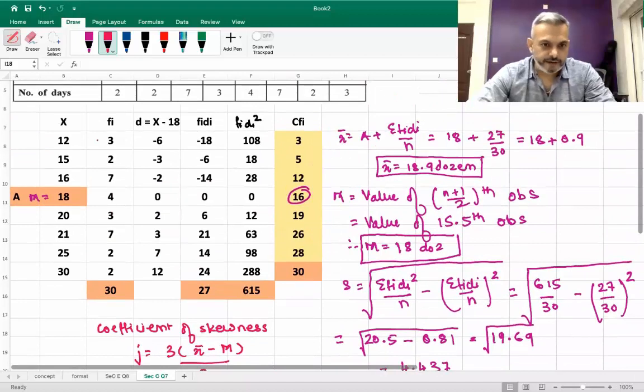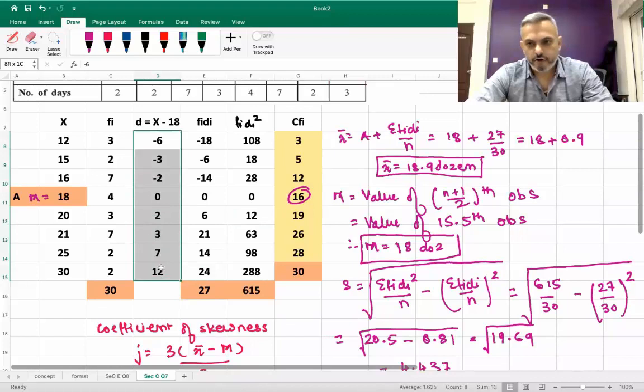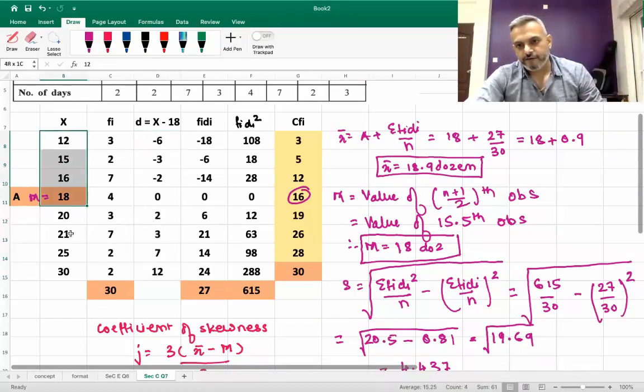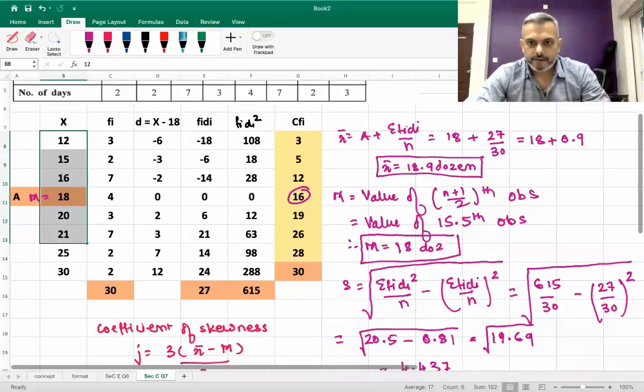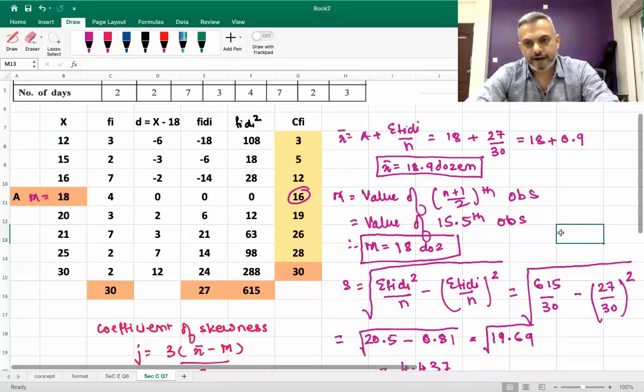Okay, so please be a bit careful when you go for di. Now di normally is 0, -1, -2, -3, if the difference is uniform, that is 1. But if that is not the case, then you have to be careful. Now, can we use fi xi instead? It seems easier. Yes, you can use fi xi and fi xi square also, and find the standard deviation.